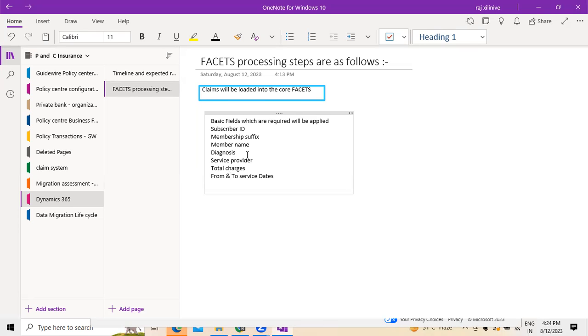Not only service dates, we need to mention the place of service, in which place an individual has taken the services, the locality.